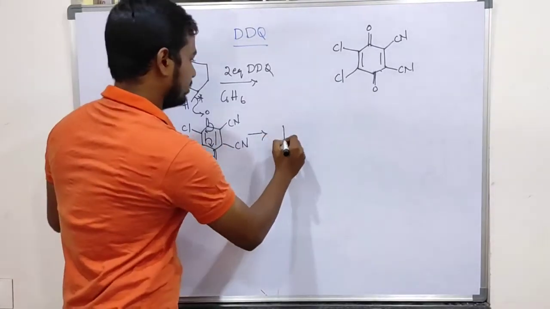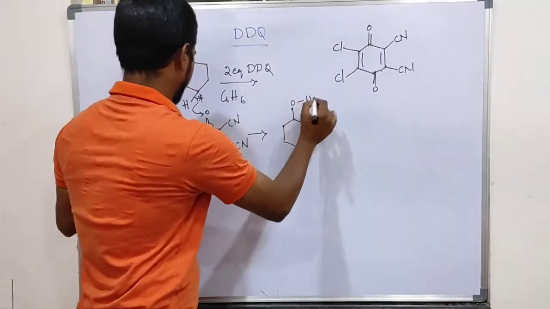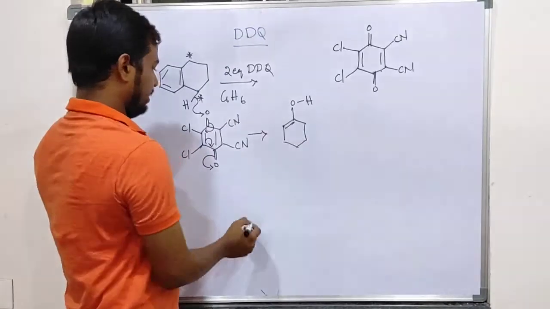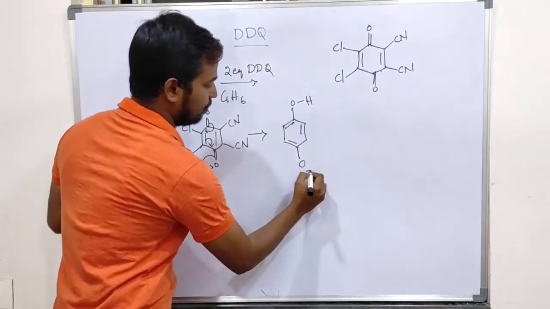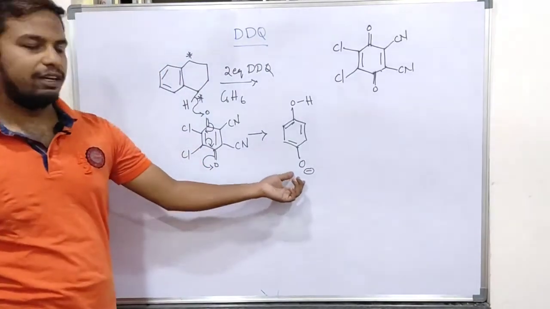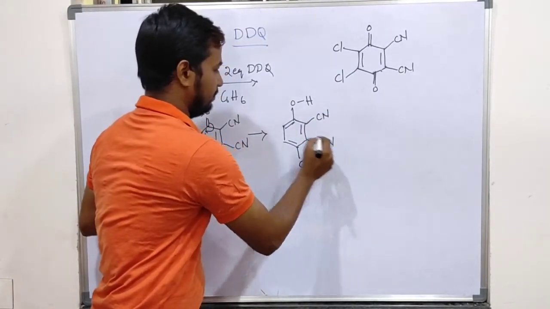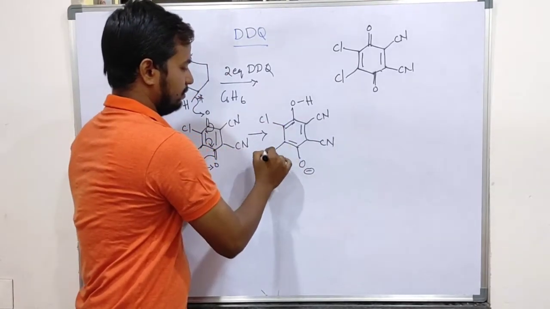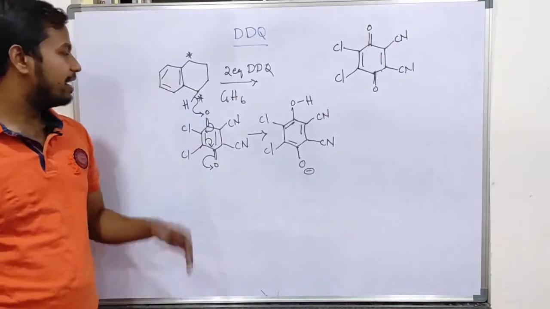So DDQ is converted into the OH species, the pi bond is shifted here, resulting in aromatization, and we will be getting O minus, am I correct? And the remaining groups as it is. So the hydride ion is abstracted.